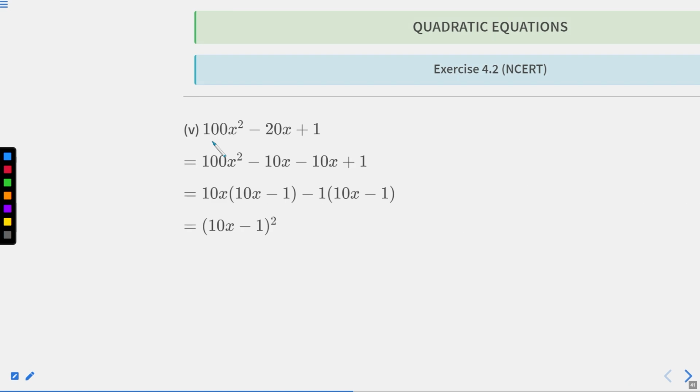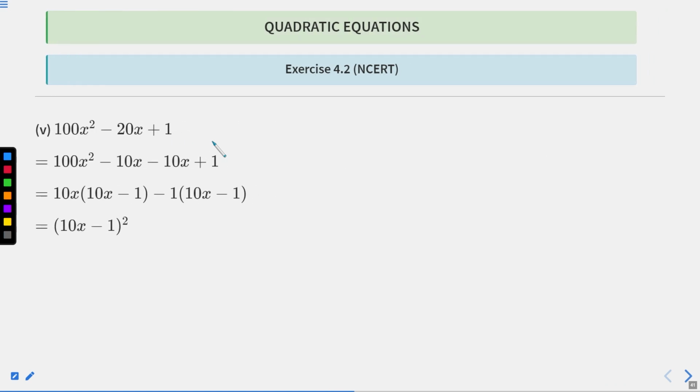And in the fifth one we are given this quadratic equation 100x² - 20x + 1 = 0. Now we can first factorize the quadratic polynomial 100x² - 20x + 1 by splitting the middle term -20x as -10x - 10x.